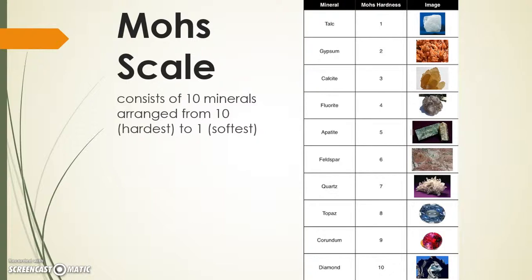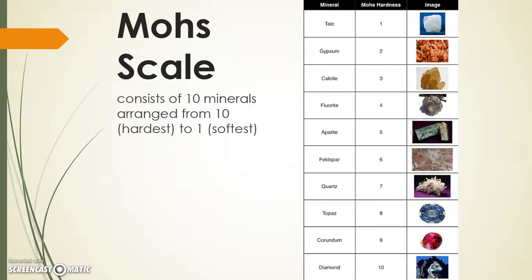So the one that is number 1, the easiest to break down, is talc. Now, do any of you know what talc actually is? Talc is what you find in baby powder. So if you think about baby powder, I don't know if you have any younger siblings, but baby powder is something that's very soft, very smooth, almost like a greasy feel to the touch.